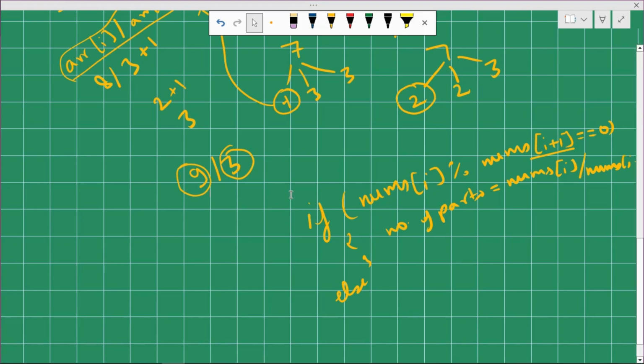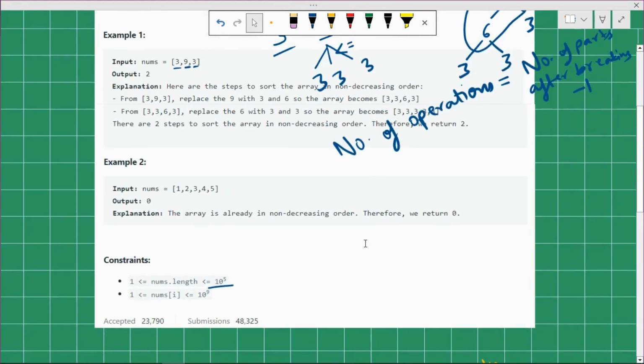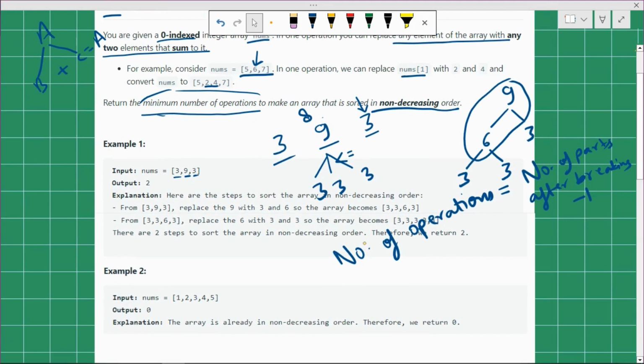And we will count the total number of parts it breaks into, minus 1, to our number of operations required. As we can see in this example, here 9 is finally broken into three parts, but we only require two operations to break it, and our result here is 2.